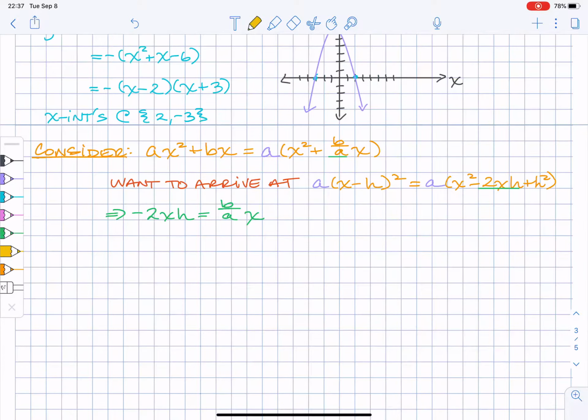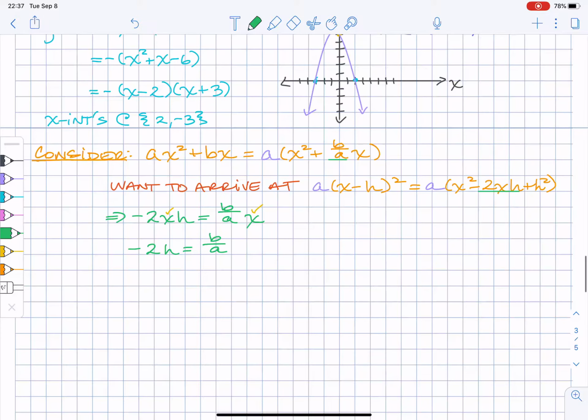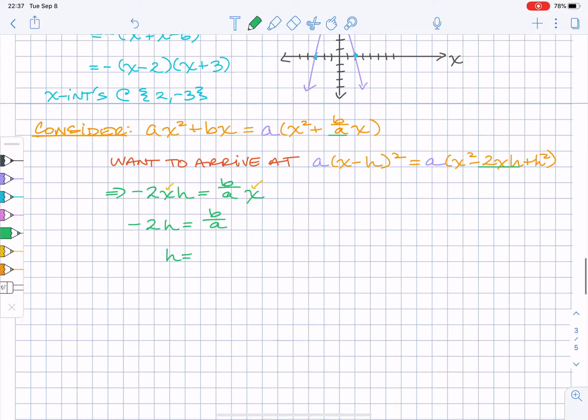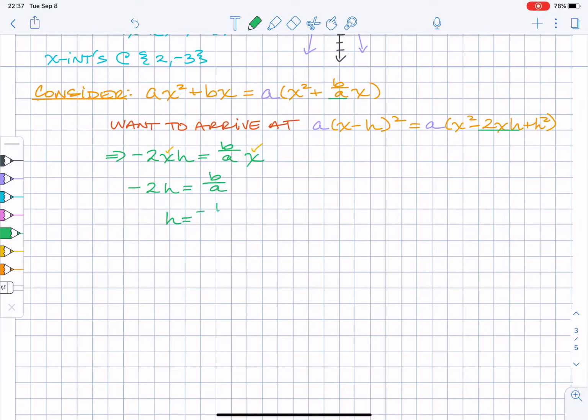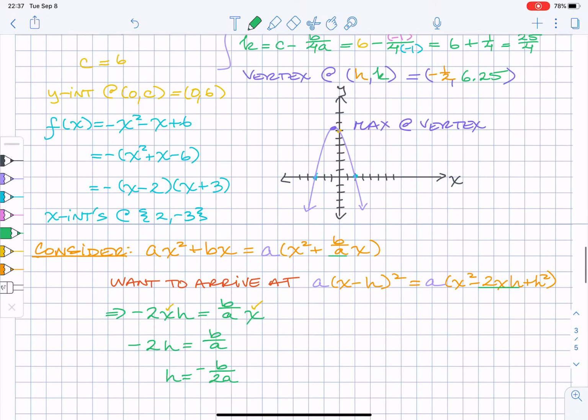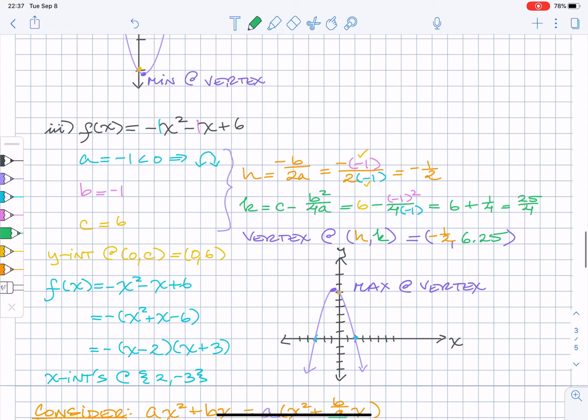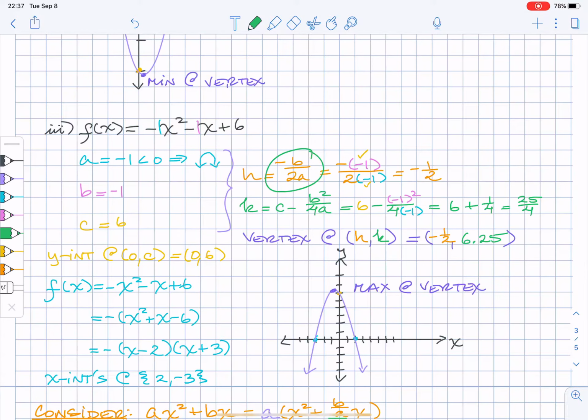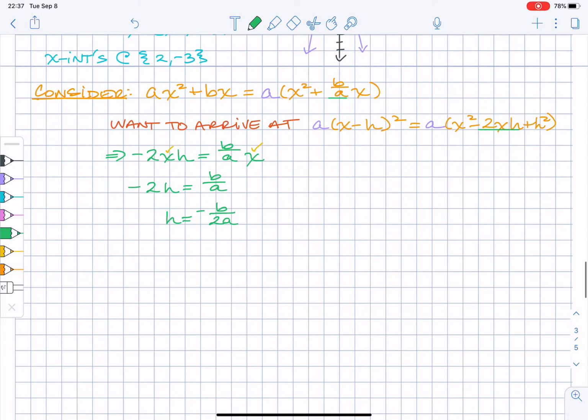So I can reduce the x's, and I get negative 2h is b over a. Which means that h would be negative b over 2a. Oh, funny. What has h been this whole time? Negative b over 2a. So we already knew that.